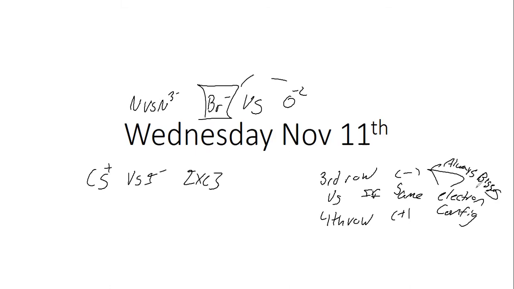If it's something more complicated, like let's take a look at Rb+ versus O2- again, there Rb+ is bigger because it has more electron shells. So generally, the thing with more electron shells is going to be bigger, even if it's positively charged.